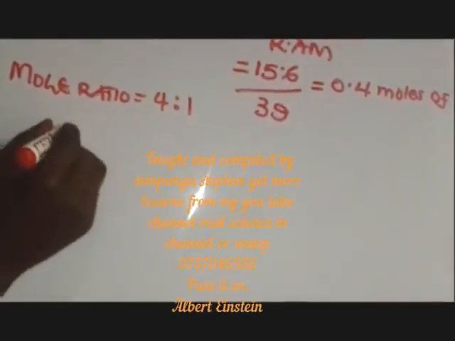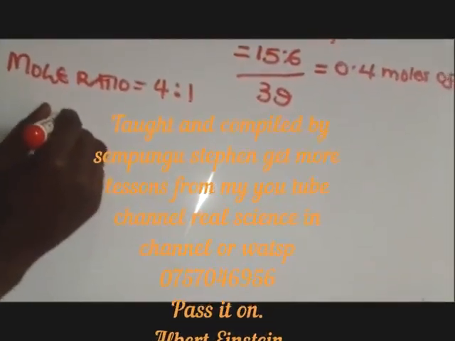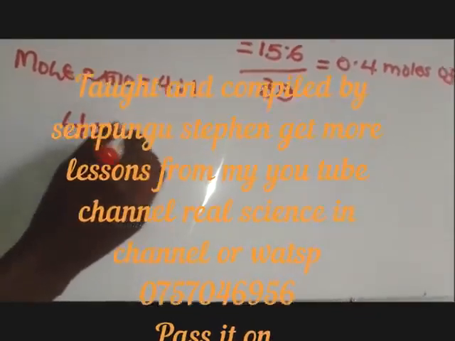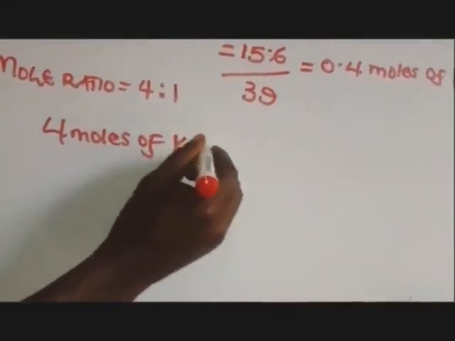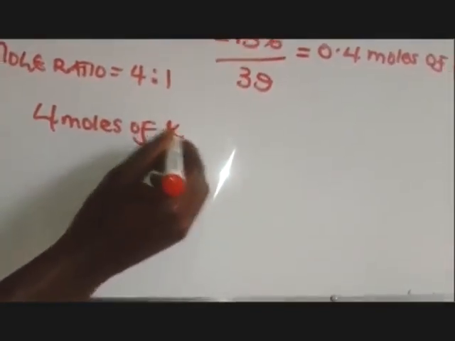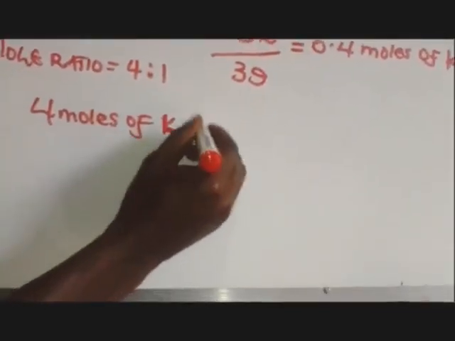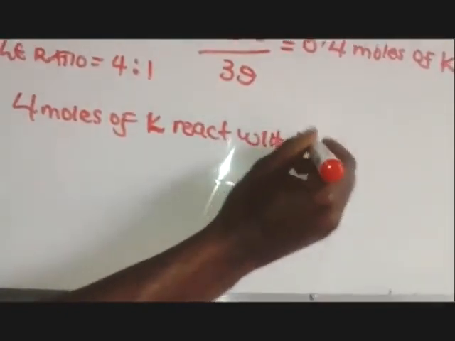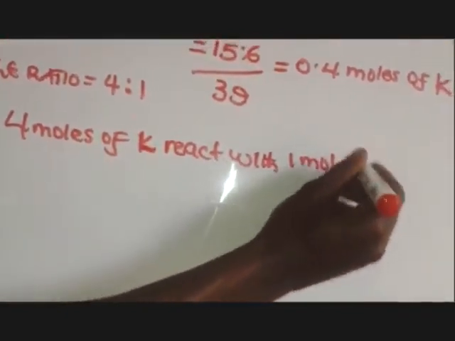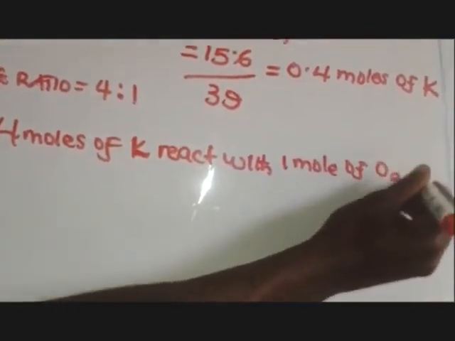This means 4 moles of potassium, which I'm representing with this symbol, react with 1 mole of oxygen gas.